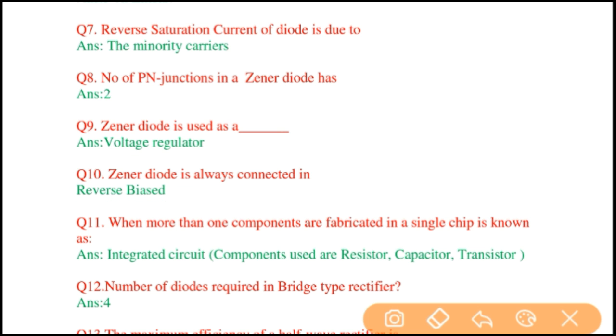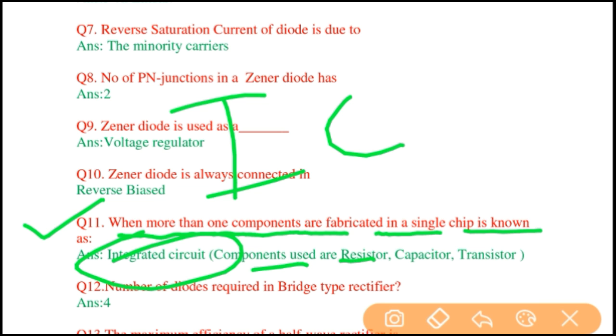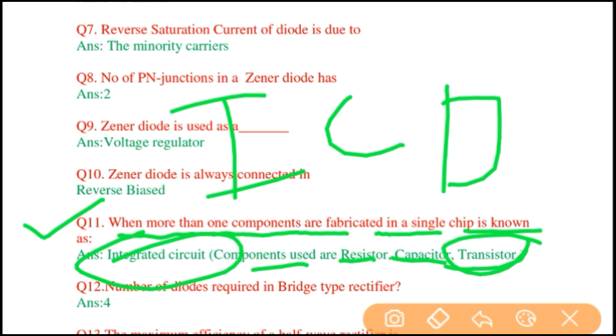The next question, question number 11. When more than one component is fabricated in a single chip, it is known as an IC, that is, an integrated circuit. In integrated circuits, components like resistors, capacitors and transistors are fabricated in a single chip.